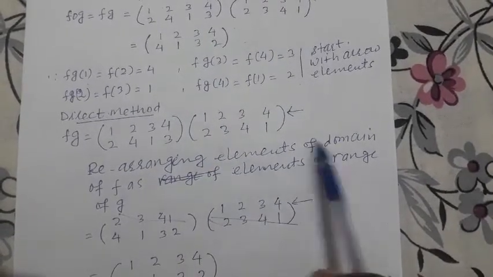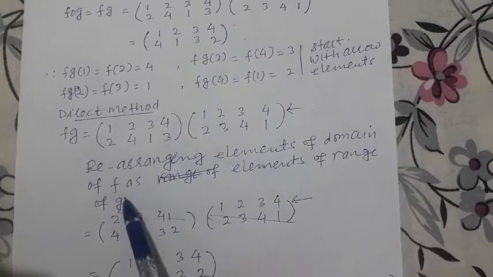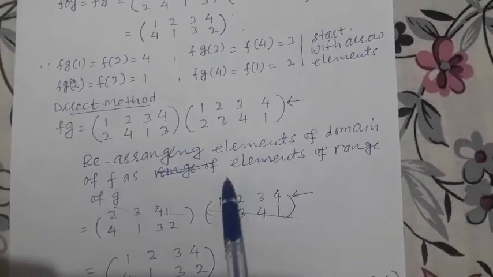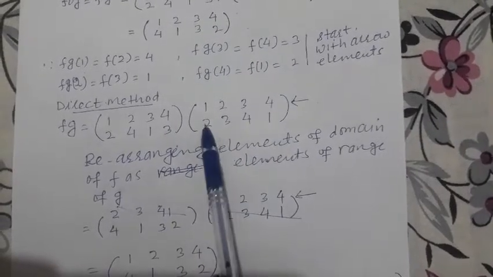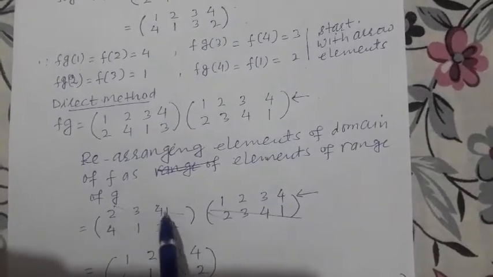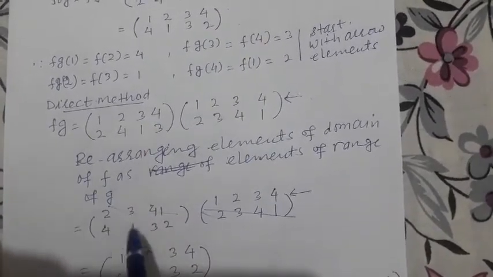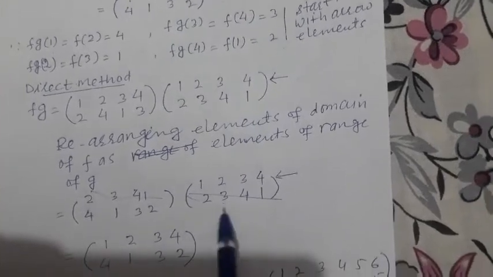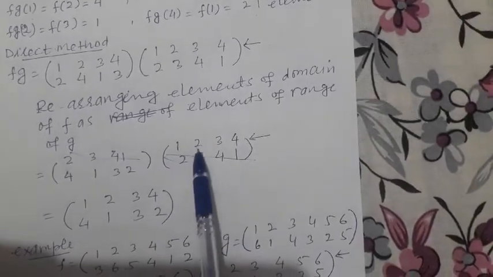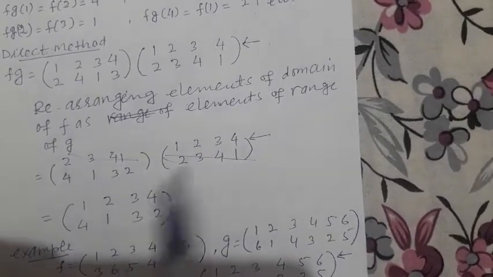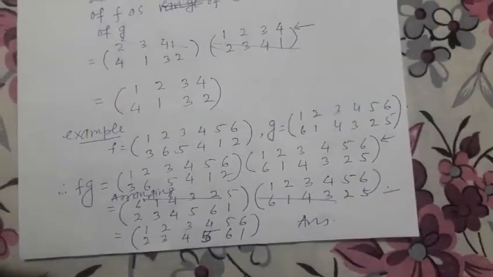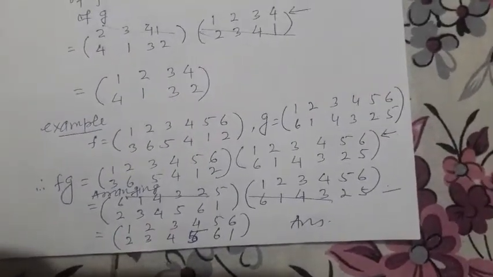Rearranging the elements of the domain of f, it means 1, 2, 3, 4, according to the elements of the range of g, 2, 3, 4, 1. We write this, then write down their images. Now we can write directly 1, 2, 3, 4 and 4, 1, 3, 2. So these are the techniques by which we can find the product of permutations.